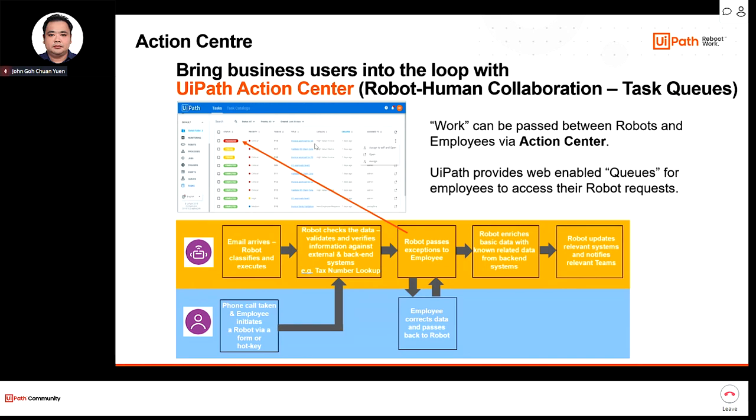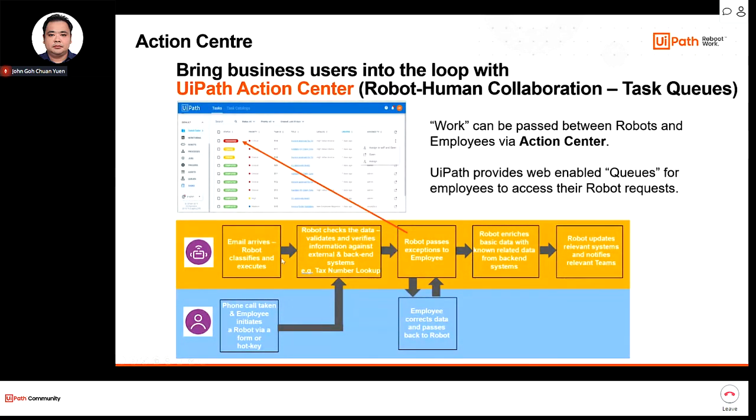So in this case, when the robot is processing halfway, it needs to wait for the reporting officer to provide the approval. How can we do that? By using Action Center, we can create a task for the reporting officer to provide their approval before the robot can continue.